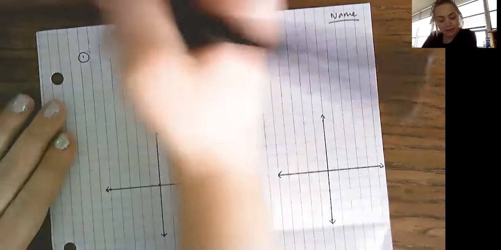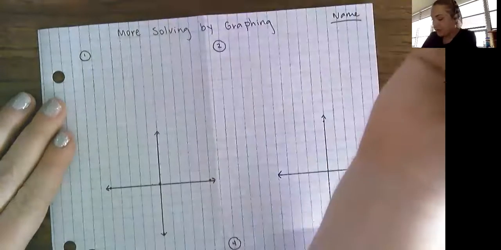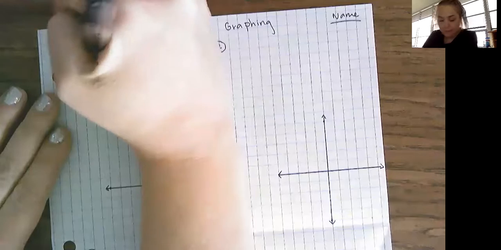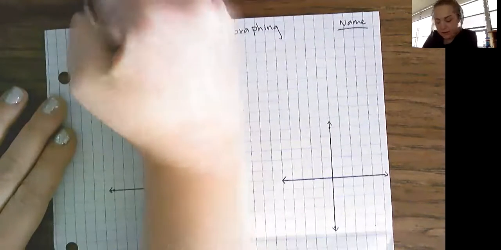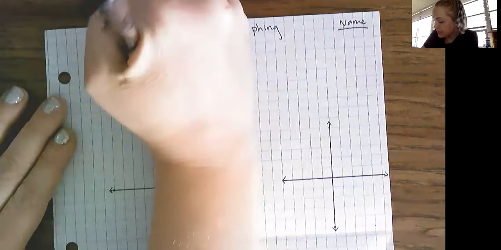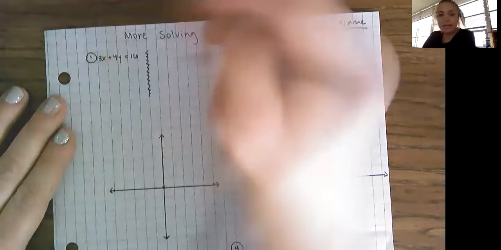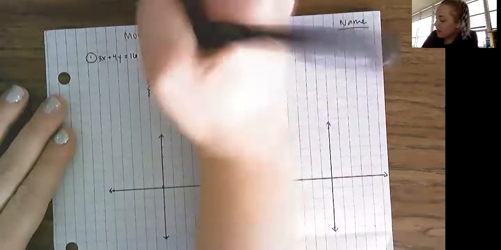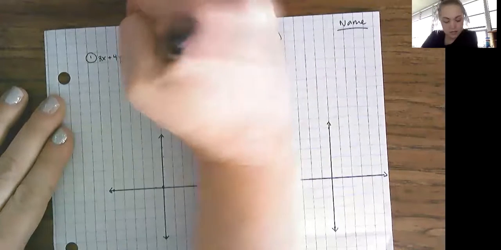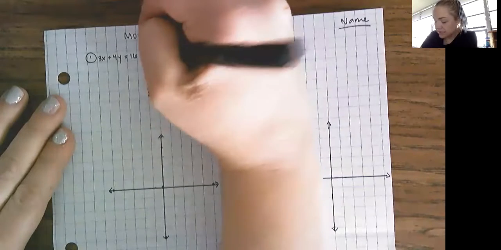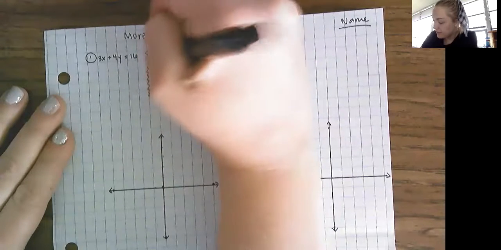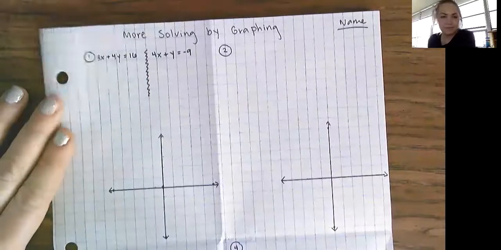So on each of these problems, we'll start by writing down your inequality, or your equations. So I have 3x plus 4y equals 16. And then I'm gonna write my second equation on this other side of this squiggly line. I've got 4x plus y equals -9.